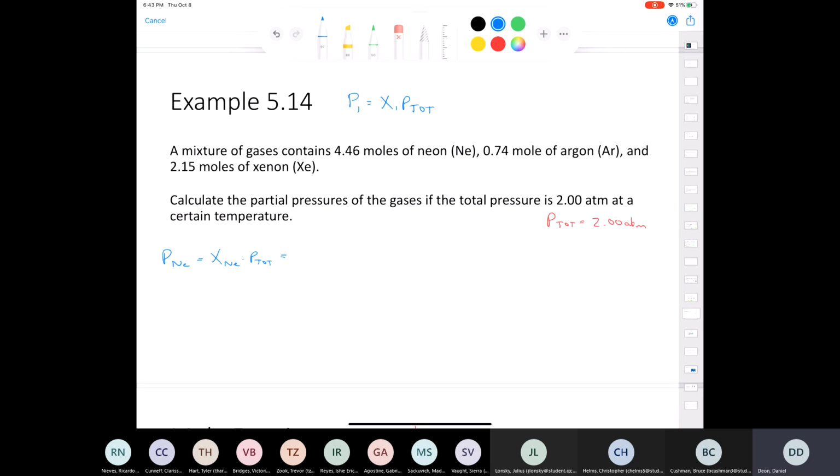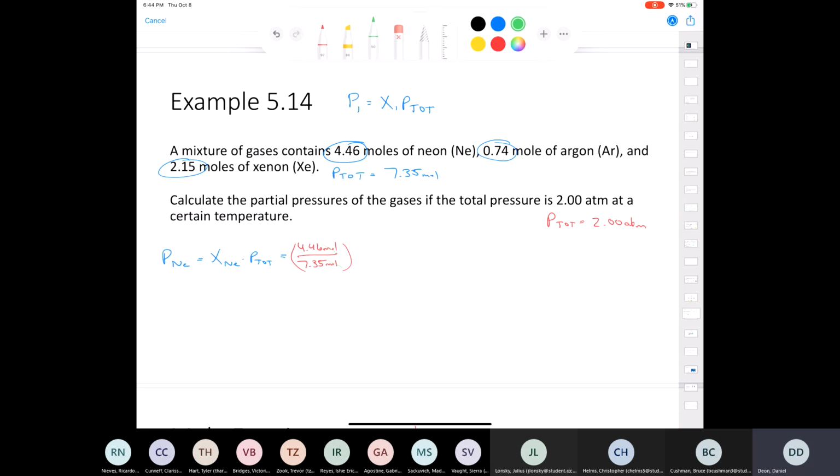What's the mole fraction of neon? Well, if you tally up 4.46, 0.74, and 2.15, you get a total of 7.35 moles. Therefore, the mole fraction of my neon will be 4.46 moles divided by 7.35 moles.